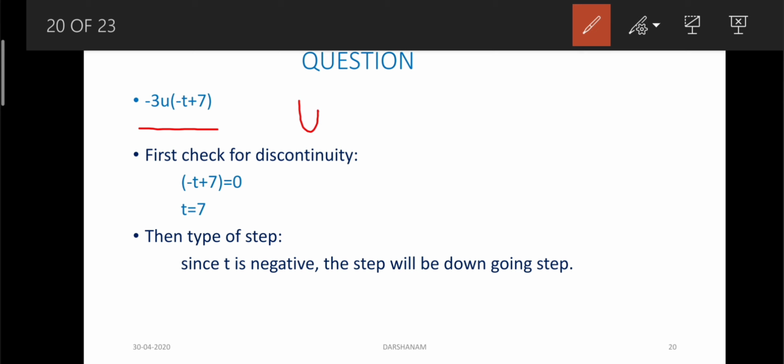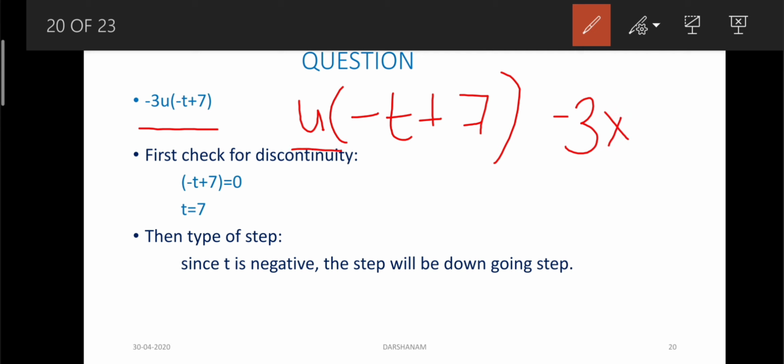That is, let's do first u of minus t plus 7, because for the amplitude scaling we can multiply by minus 3 at the end, and that will be your answer. So first find whether it is an upward moving step or a downward moving step, and where the discontinuity is.